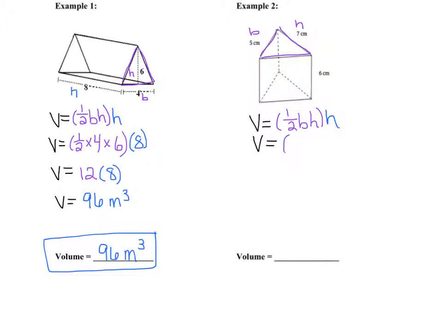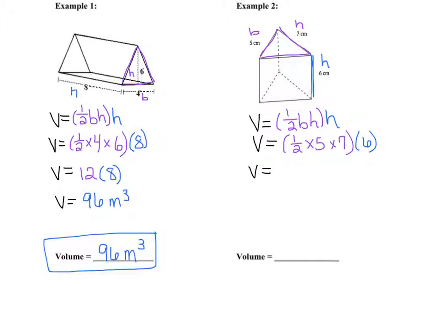Volume equals 1/2. My base is 5 and my height is 7. And now we're going to multiply it by the height of the entire solid, which is 6. My next step I like to multiply to find my area of my triangle first. So we have 1/2 times 5 is 2.5. 2.5 times 7 is 17.5.